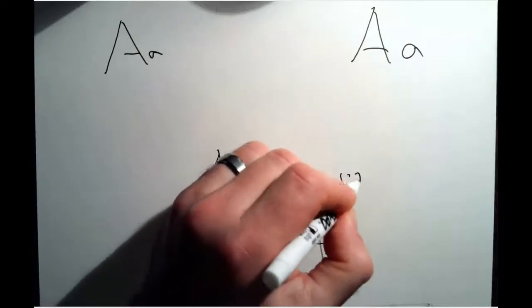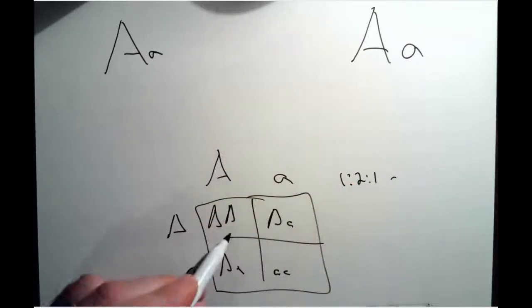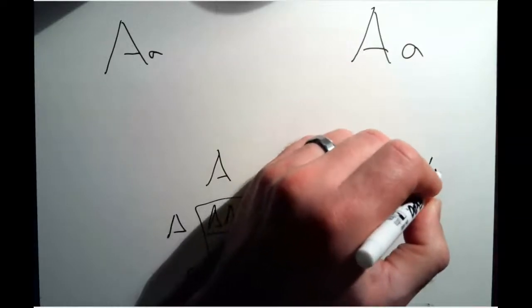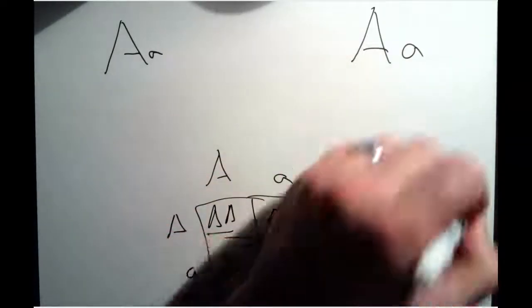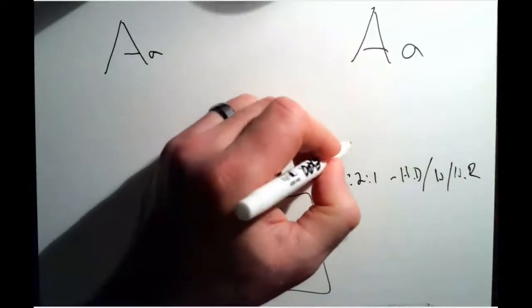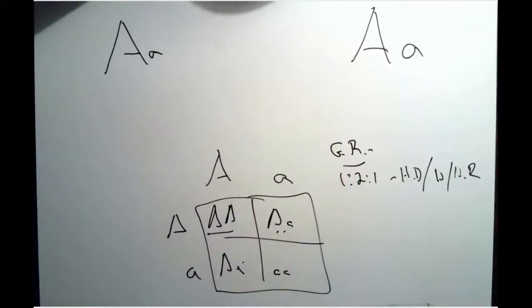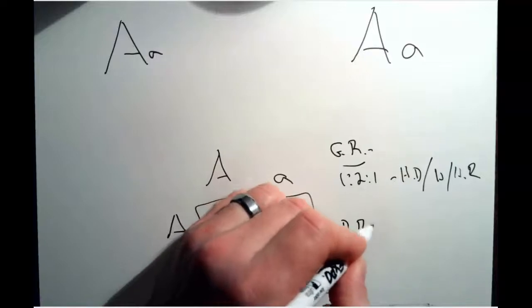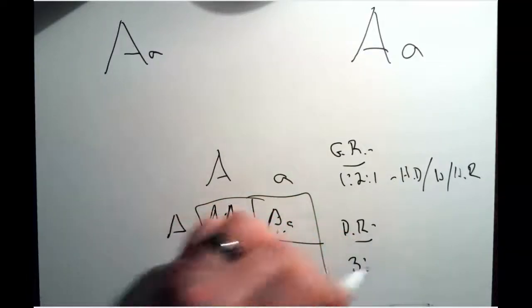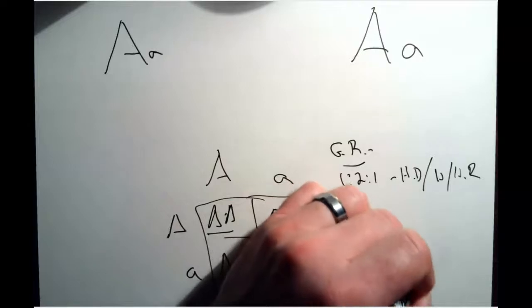Genotypically, we have a 1 to 2 to 1 ratio, homozygotic dominant to heterozygotic to homozygotic recessive. That's a genotypic ratio. Phenotypically, we have 3 dominant individuals to every 1 recessive individual.